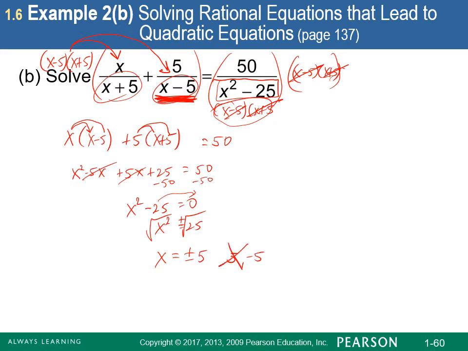Likewise, if x was negative 5, this would give a 0. So again, we can't have a negative 5. Since the only potential answers are gone now, that means there is no solution.